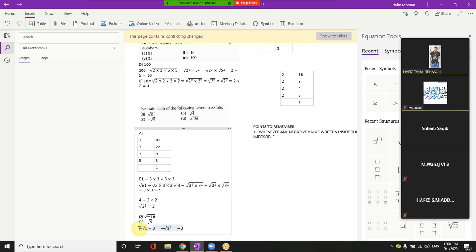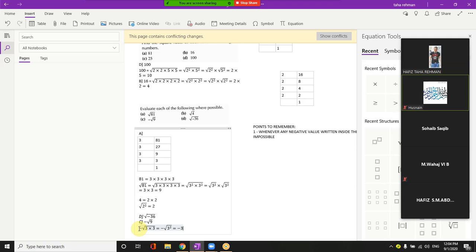Whenever you see a positive value written inside the square root but a negative sign written outside, its solution is possible. You can find out the square root of that value. Got it? You just need to keep these things in your mind while solving these kinds of questions.